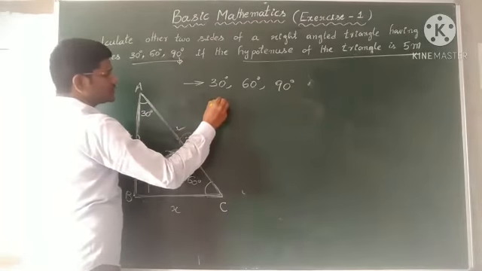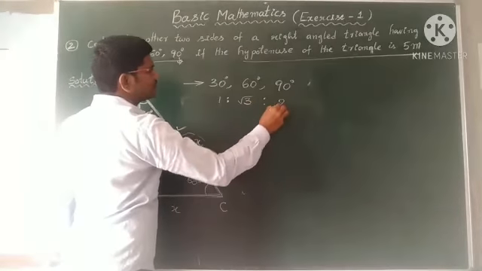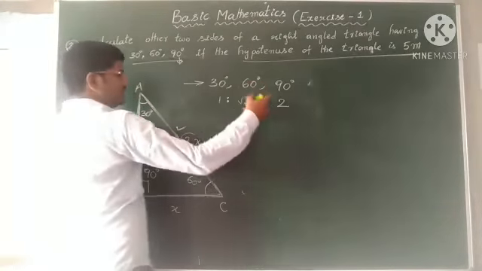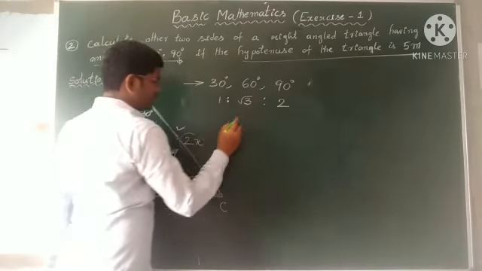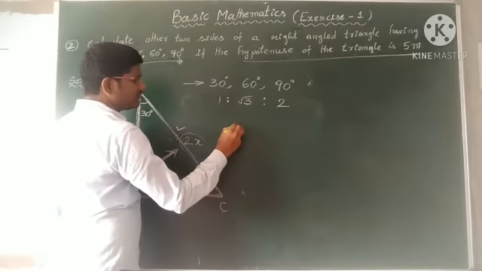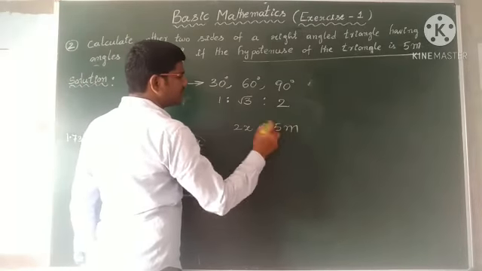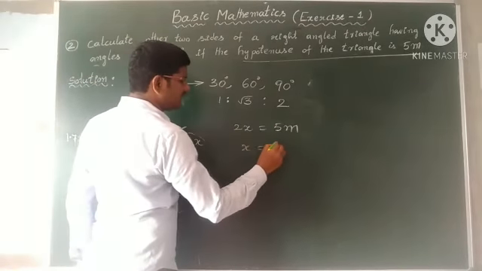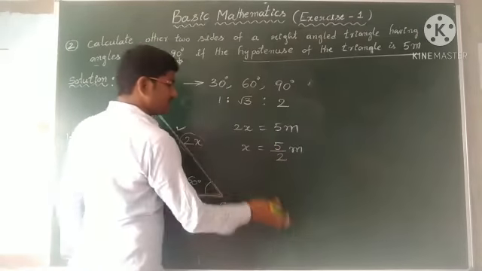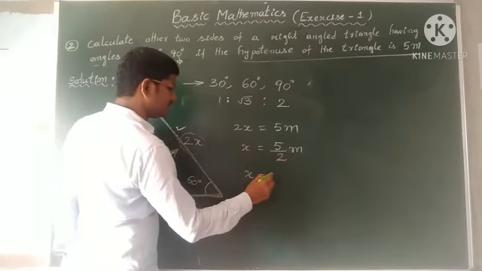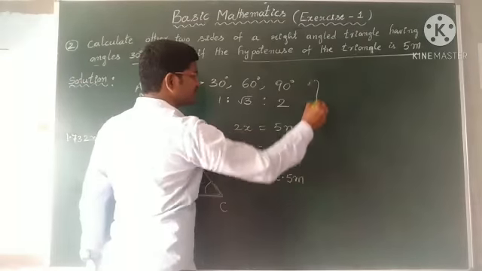We know the ratio is 1 is to root 3 is to 2, and 2 is the longest side, called the hypotenuse. So that is 2x, and 2x value they gave as 5 meters. Then the x value will be 5 by 2 meters, which is 2.5 meters.